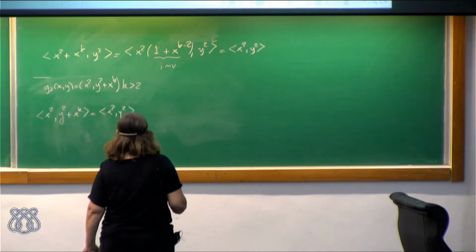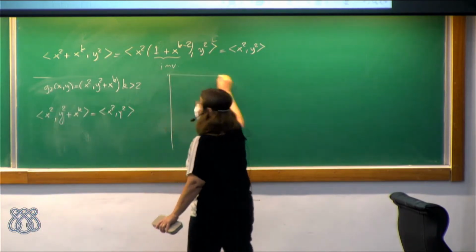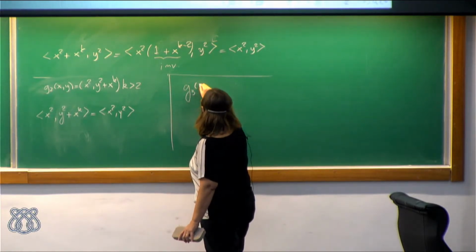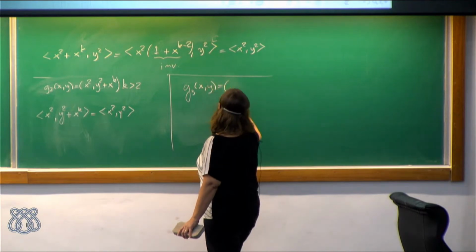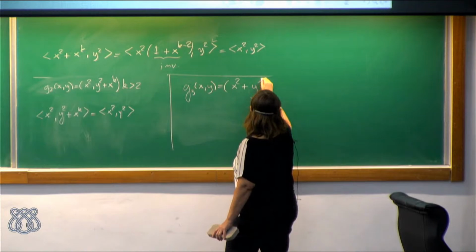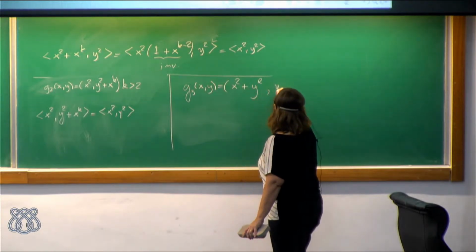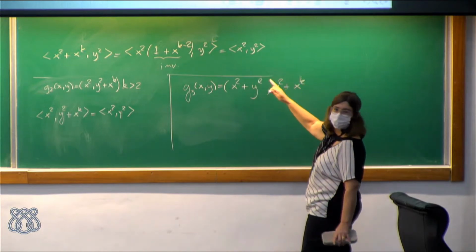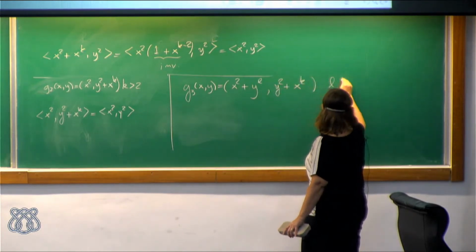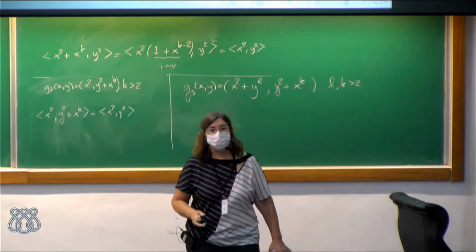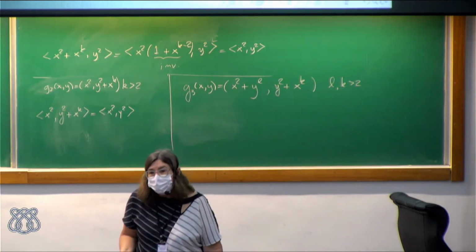Well, now, let's do something more complicated. G3. For example, x squared plus y to the L, y squared plus x to the k, and you could put something more complicated here. L and k, for example, bigger than 2. It's not easy.